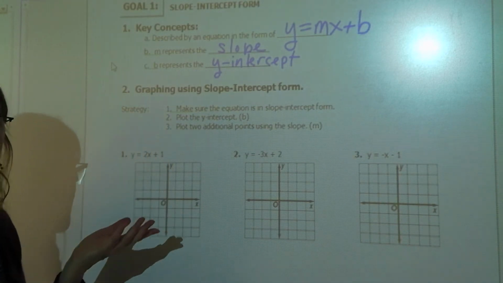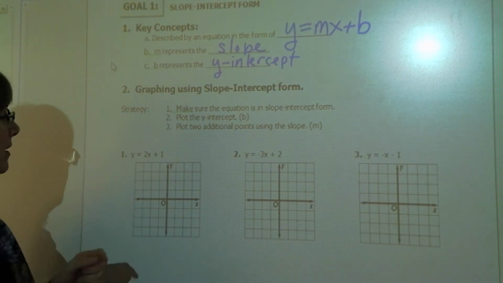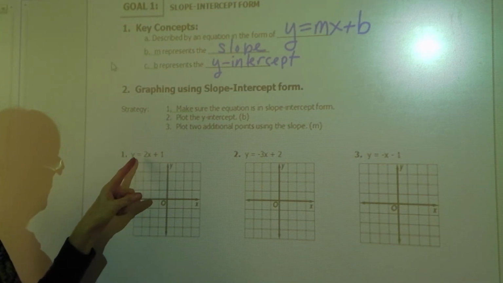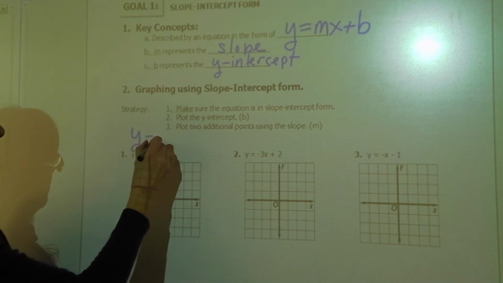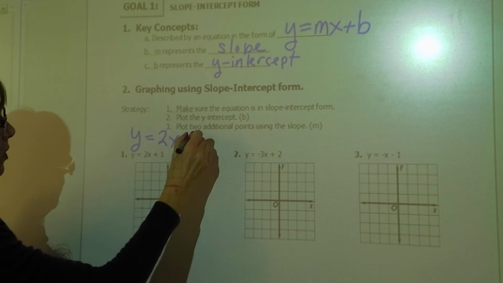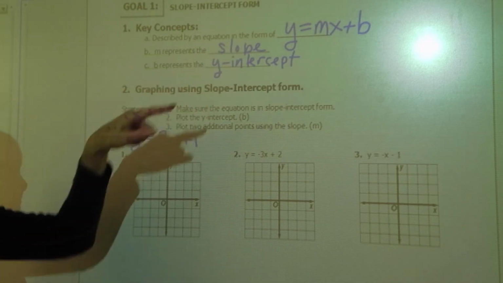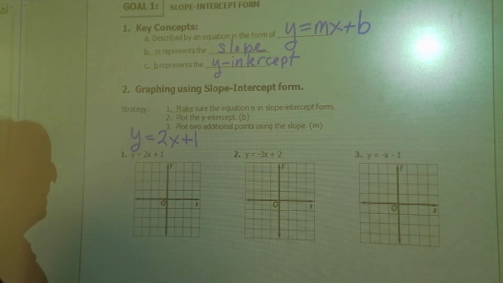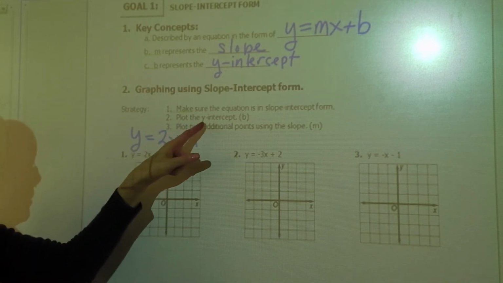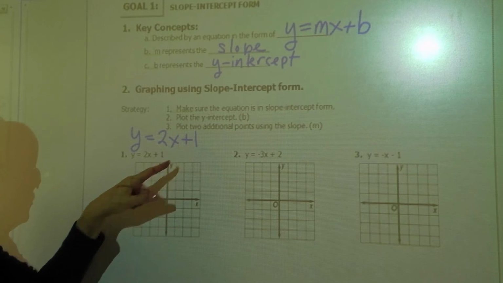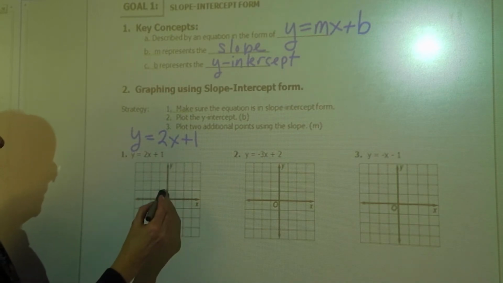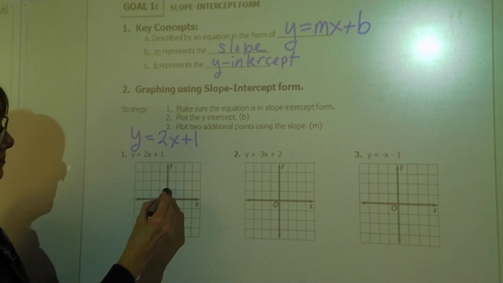So when we go to graph equations that are in slope-intercept form, you're going to look at the equation. The first one you see is y equals 2x plus 1. You first want to make sure that your equation is in slope-intercept form, which this one is. Now, we're going to start by plotting your y-intercept, which is b. So we're going to start on the y-axis at 1, because that's our y-intercept.